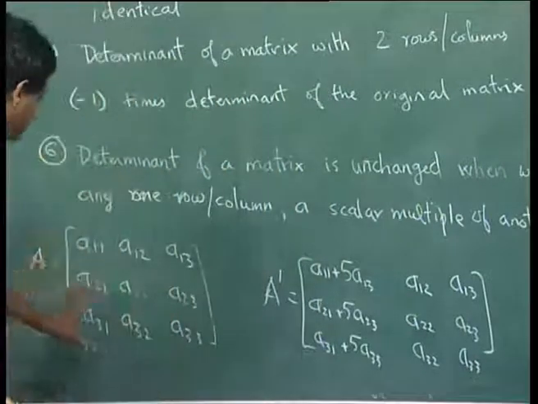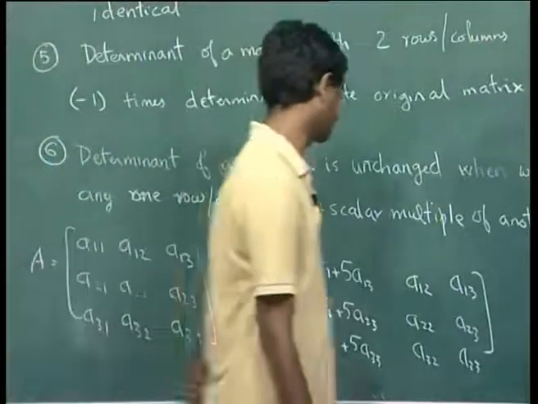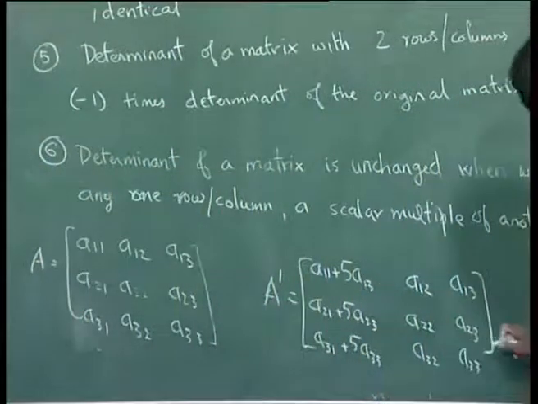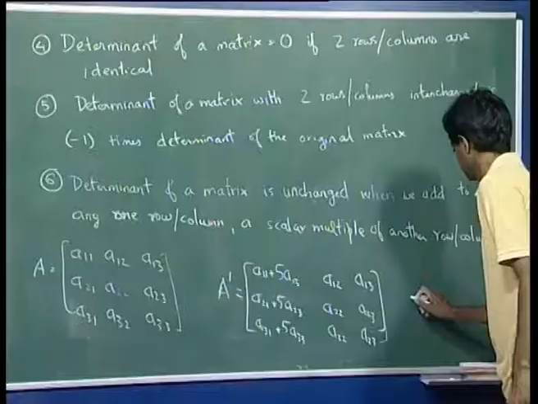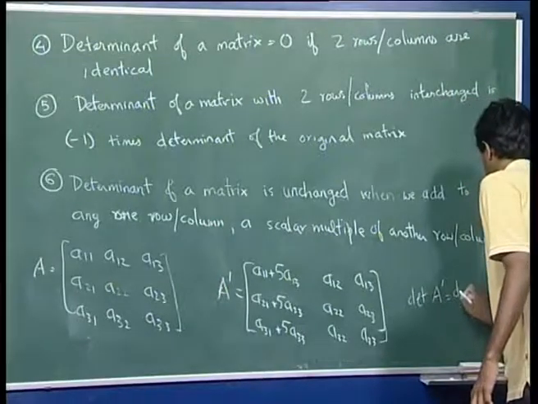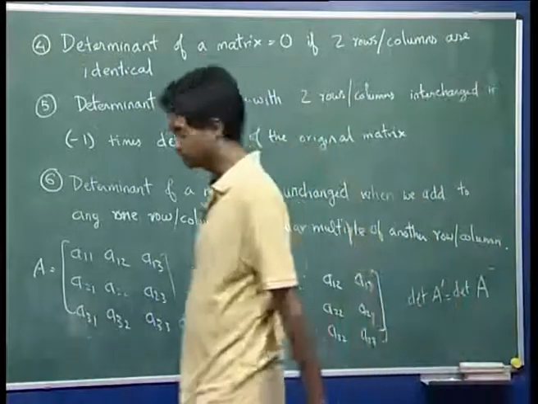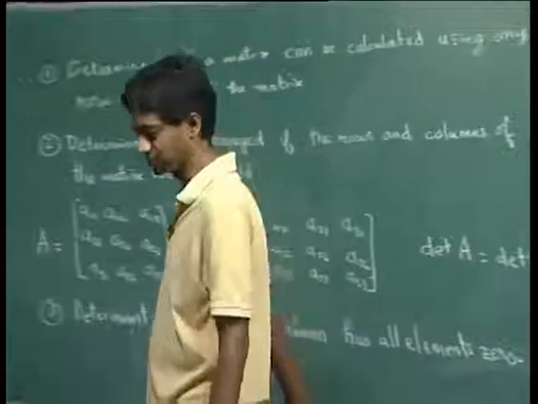Okay. So basically I kept everything else the same, but to one column I added a scalar multiple of another. Then the determinant of A prime is equal to the determinant of A. Okay.